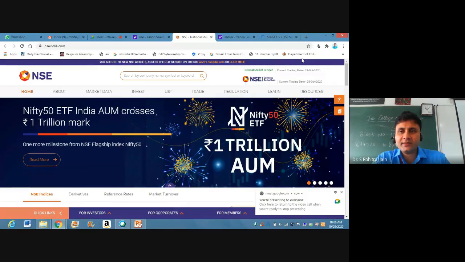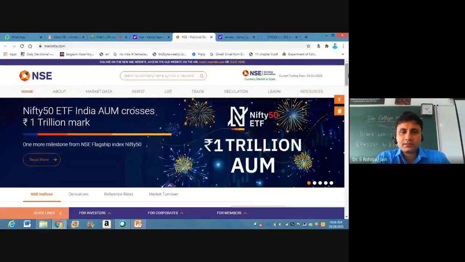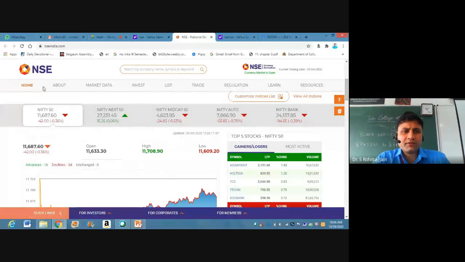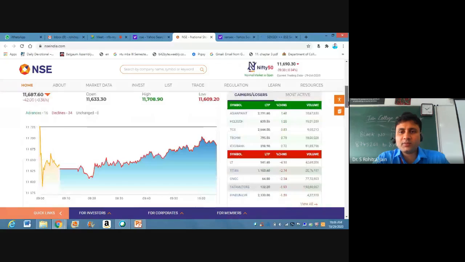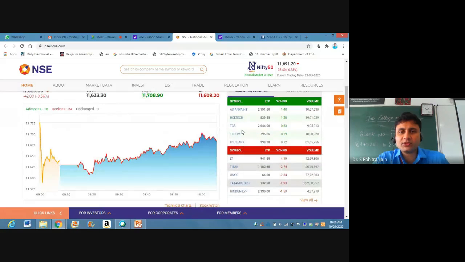You can see here, 11,687.60, which is the benchmark Nifty 50, and it is down by 42 points. And Nifty Next 50 is 27,251.45. You can see to my extreme right, where my cursor is moving, students.